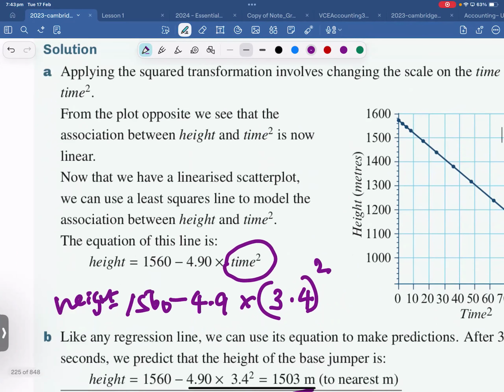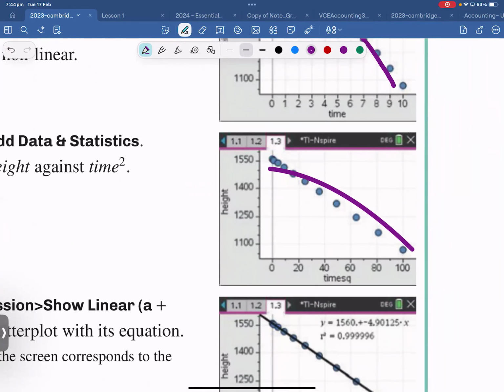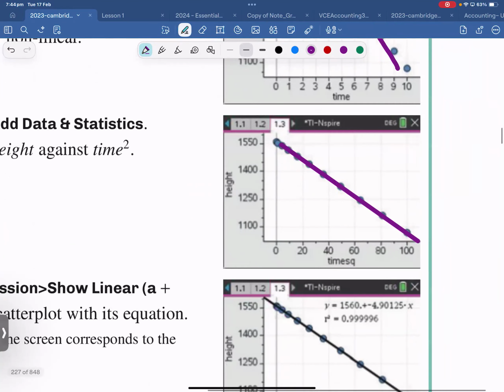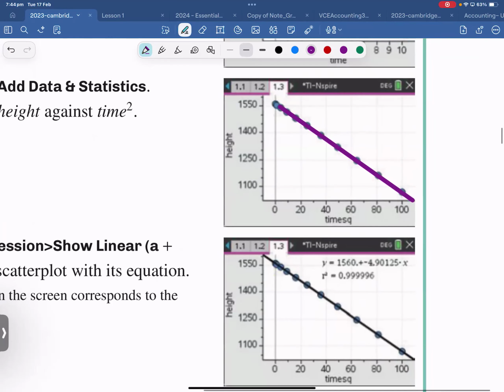So this curvy one will become a straight line like this, and then we have to get the equation.